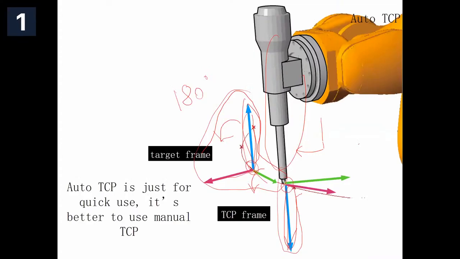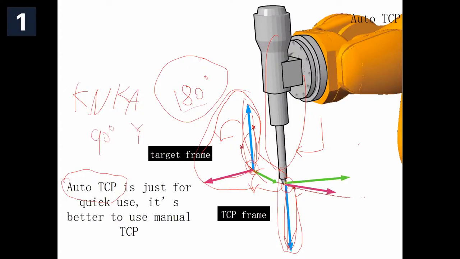What does auto TCP mean? Auto TCP means that in every robot, this rotation is done automatically for you. In KUKA, the auto TCP rotates 90 degrees around the y direction.